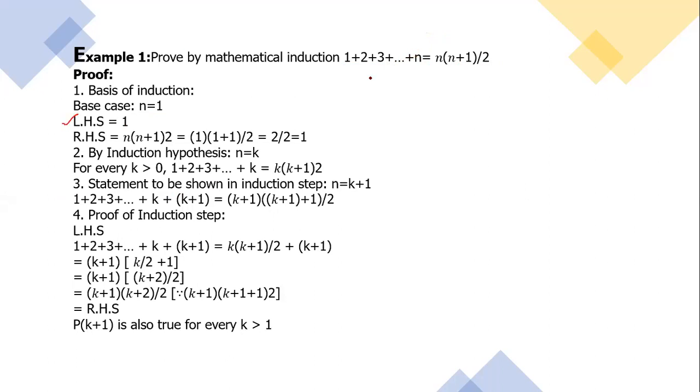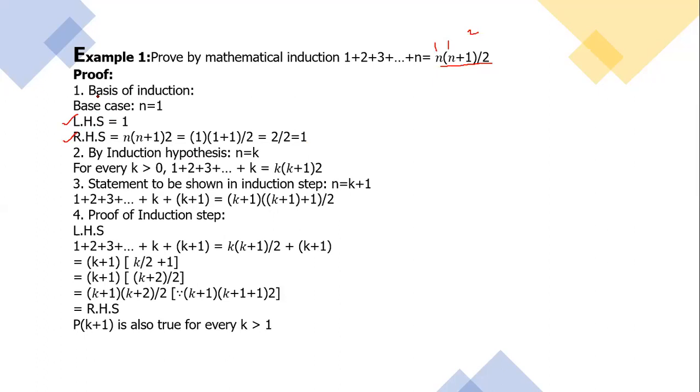And apply this 1 to the right hand side. What is the answer? 1, ma'am. 1 into 1 plus 1 divided by 2. 1 plus 1 is 2. 1 into 2 is 2. 2 divided by 2 is 1. So I can say the left hand side and right hand side are both equal.